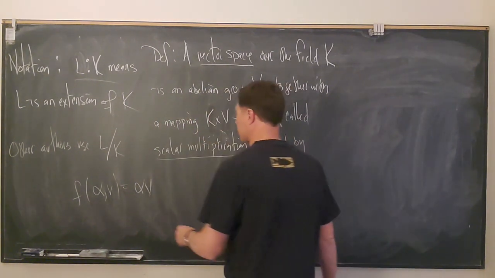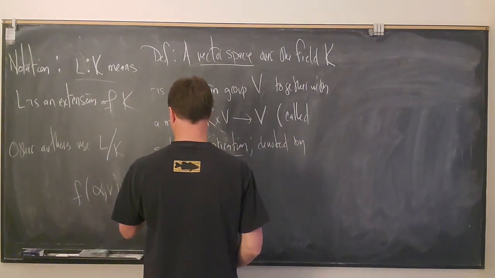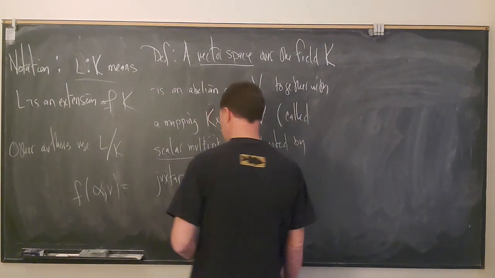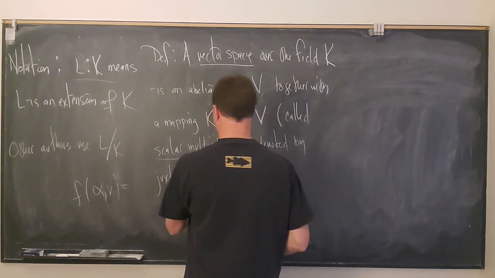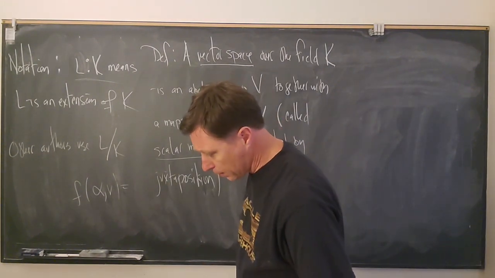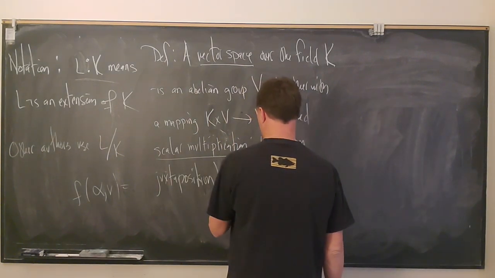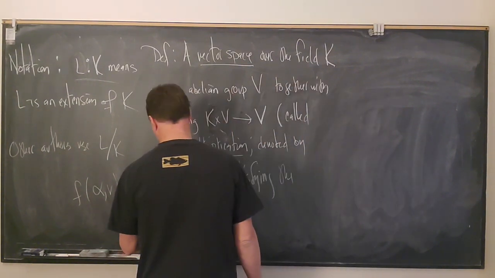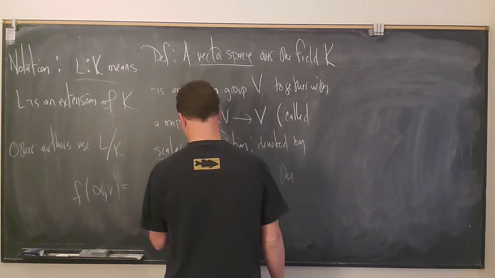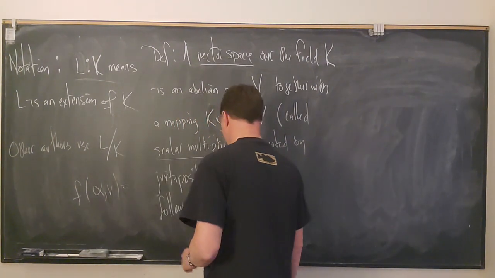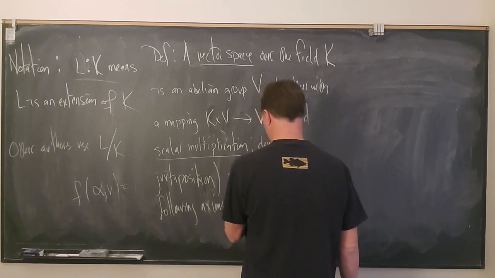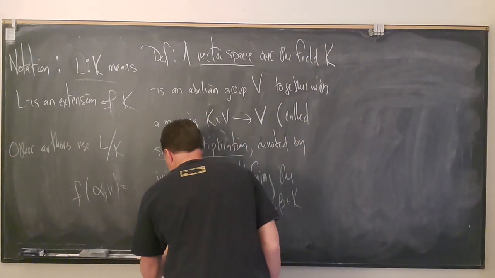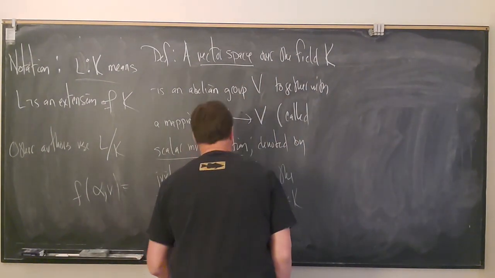All right, so denoted by juxtaposition, satisfying the following axioms for all, let's say, alpha and beta in K and x and y in V.